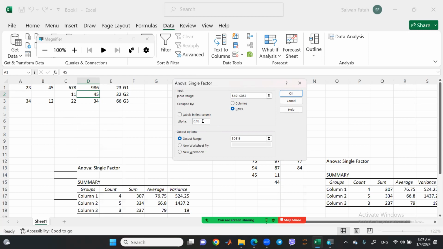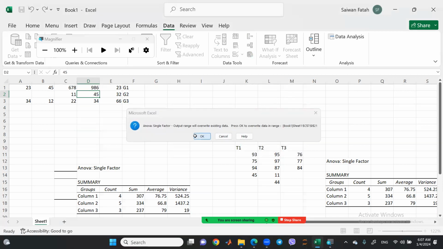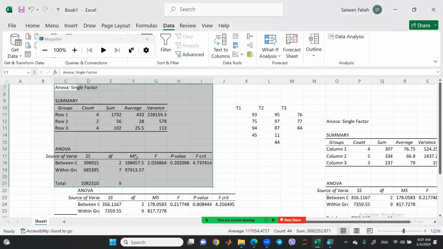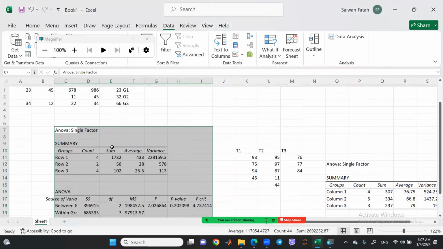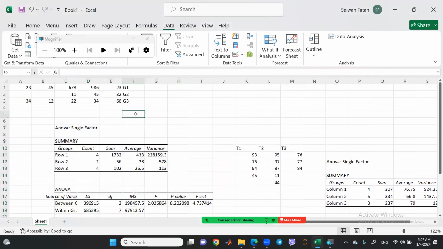Choose the given alpha, and then choose a specific cell for giving you the result. Click on OK. That's it. This is the result. It's easy, is it?